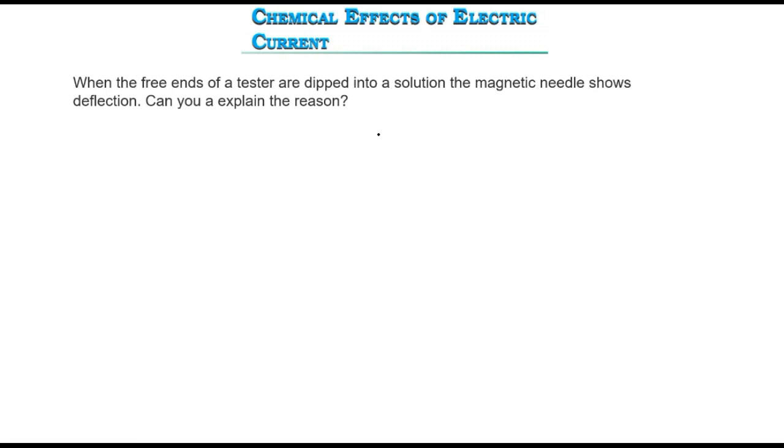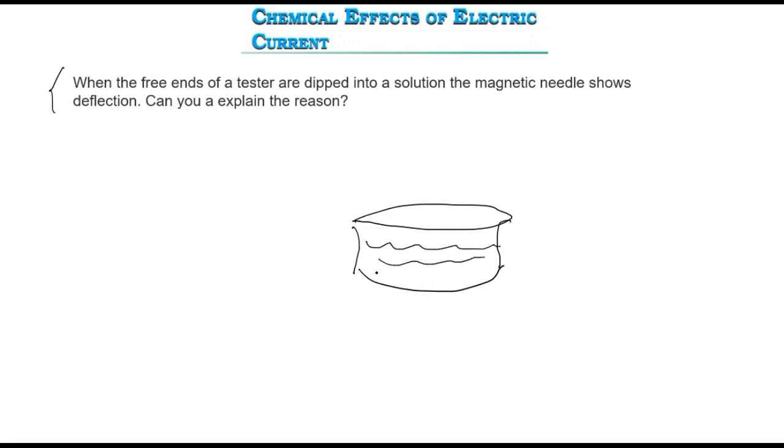Next question. When the free ends of a tester are dipped into a solution, the magnetic needle shows deflection. Can you explain the reason? Let me explain the question. What do you mean by tester here in this question is, let's say you have taken a container, okay, this is a container, and there you have put some solution inside.